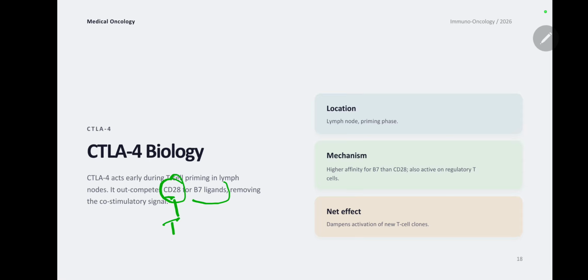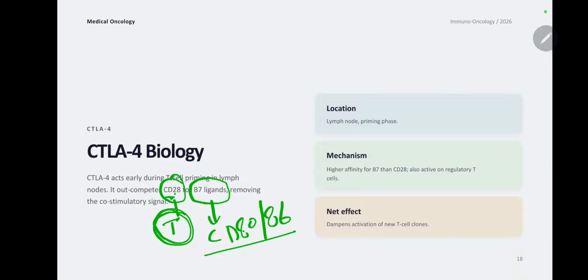It binds to the B7 ligand, which is also known as CD80 or 86. When CD28 of the T cell binds to this B7 ligand, full activation of the T cell happens. But CTLA4 acts as a competitive inhibitor of CD28. It binds to the B7 ligand, so that CD28 cannot bind, and the co-activation or priming phase is hampered.